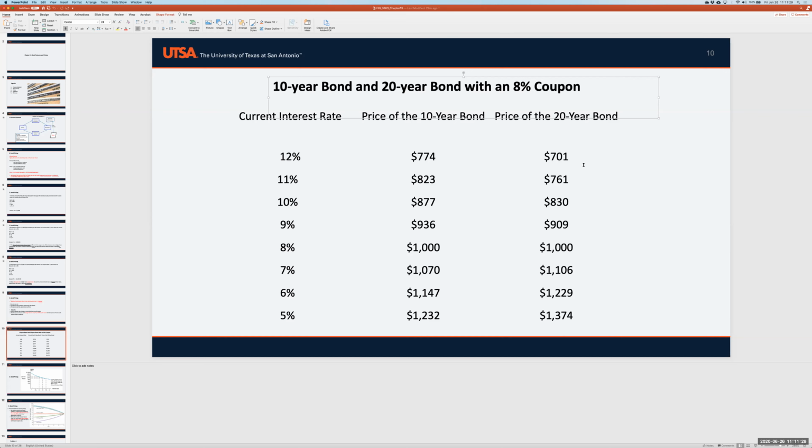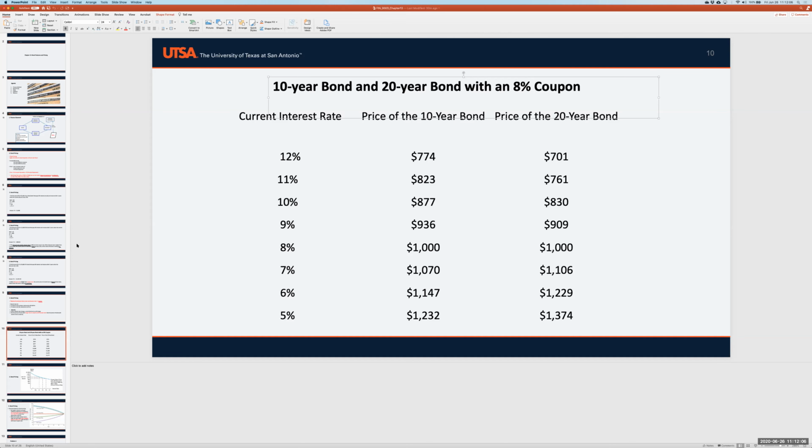So as you see, the difference between the present value of the 20-year bond with the 12% discount rate and the 5% discount rate is almost 373. But this difference for the 10-year bond is much less than 373. So the fluctuation is much lower than for the higher maturity.